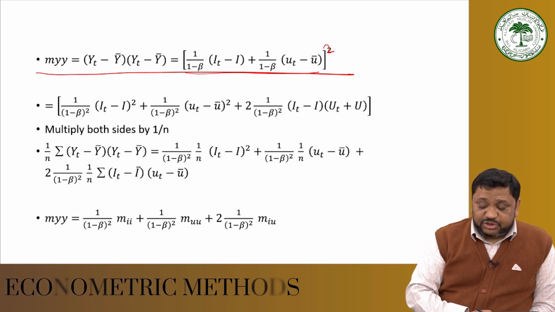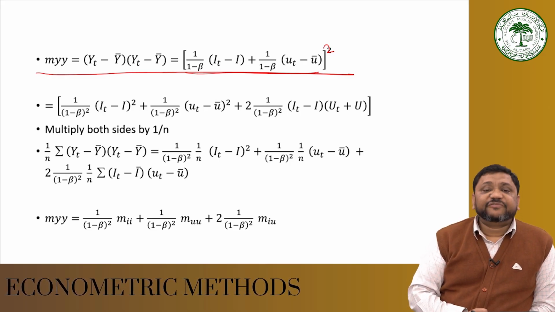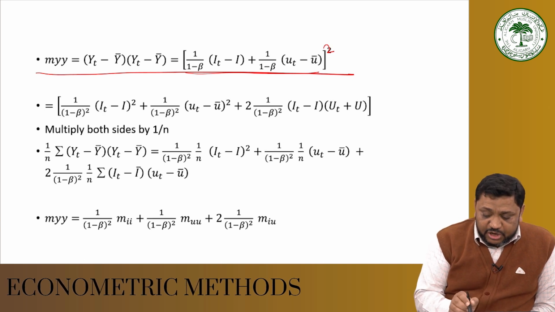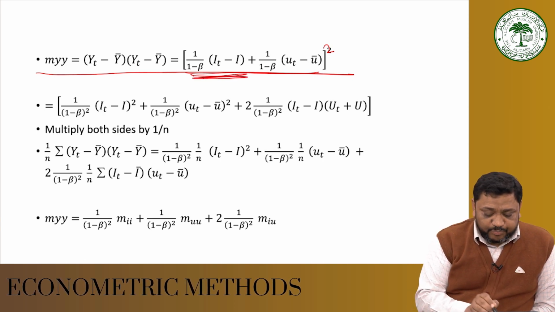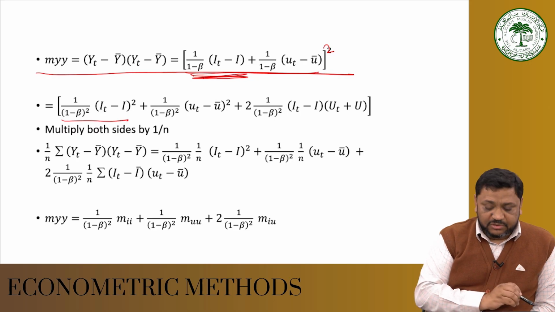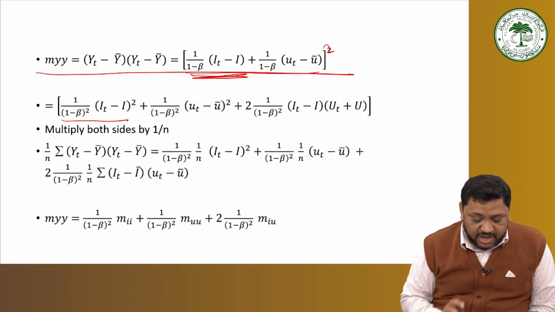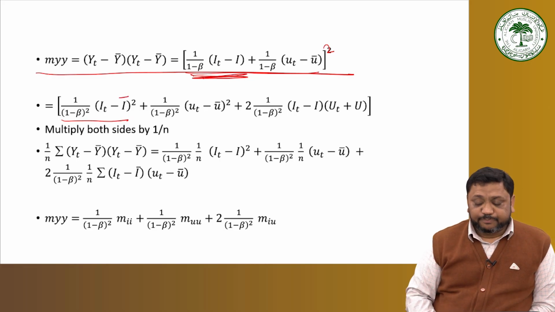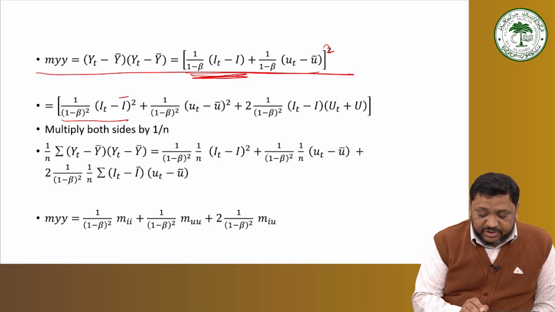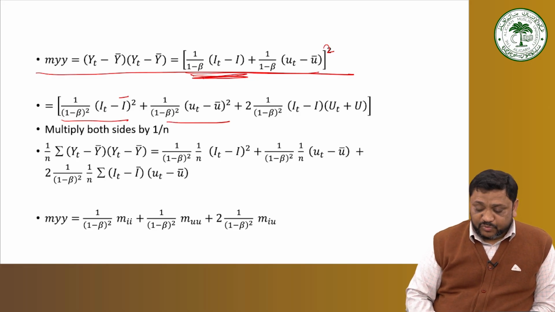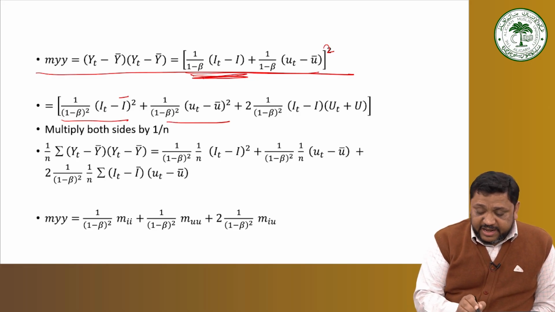Square means you can write it in the format of (a plus b) square. So this term is a, so I write a square, 1 upon 1 minus beta square, and (it minus I bar) square. Now the b term is 1 upon 1 minus beta square (ut minus u bar) square, plus 2ab, which is this term.